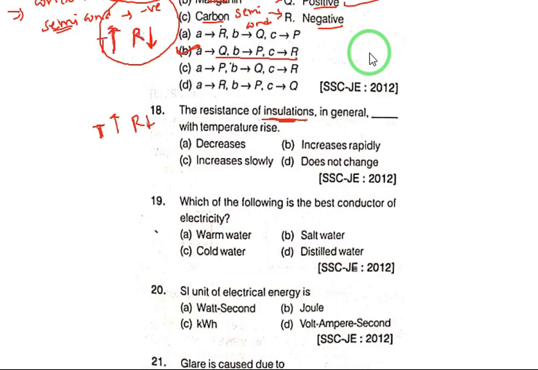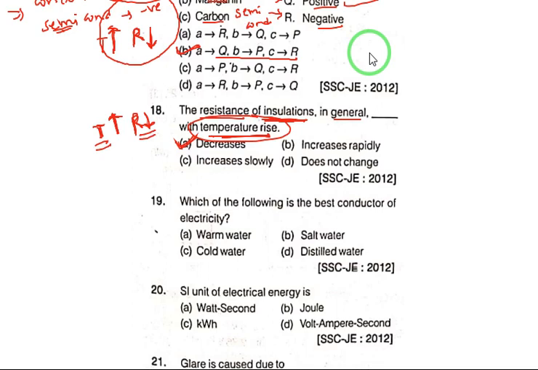The same kind of property with respect to temperature and resistance will be there for an insulator. If temperature increases, in case of insulator, resistance will decrease. Very important. Remember that. If temperature increases, resistance will decrease in case of insulation.